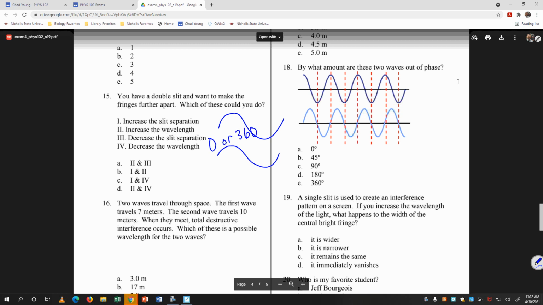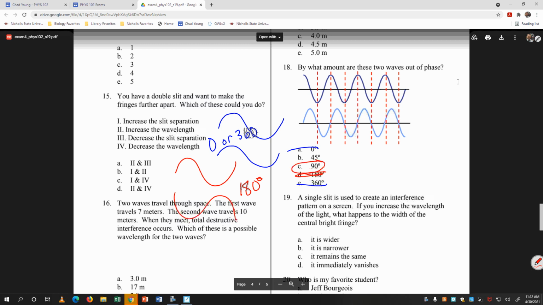In fact, you could probably just get rid of A and E, because I'm not going to give you those two options for waves that are in phase. The other one that's easy to identify is one that looks like this, because these are 180 degrees out of phase. So I can get rid of D here because that's not happening. So that means that the answer is going to be C, 90 degrees.